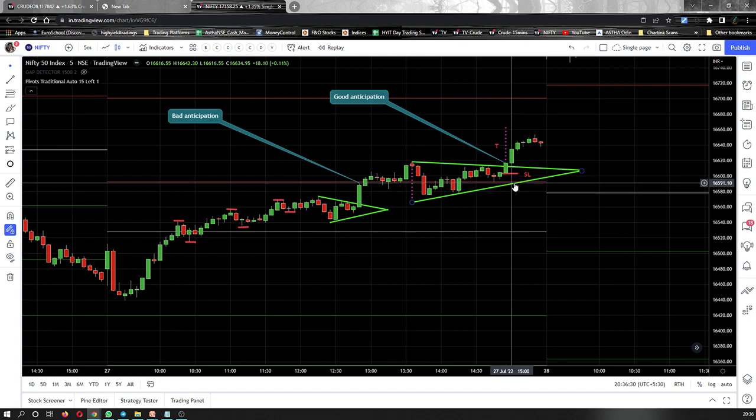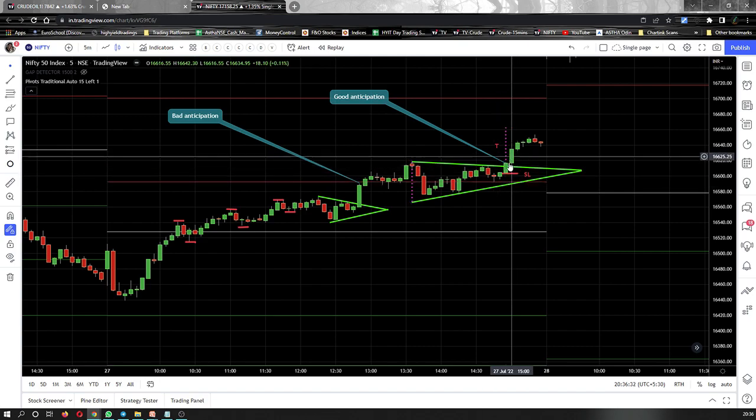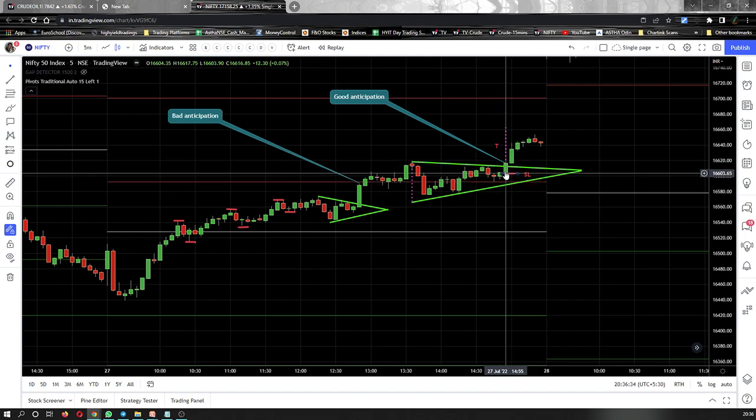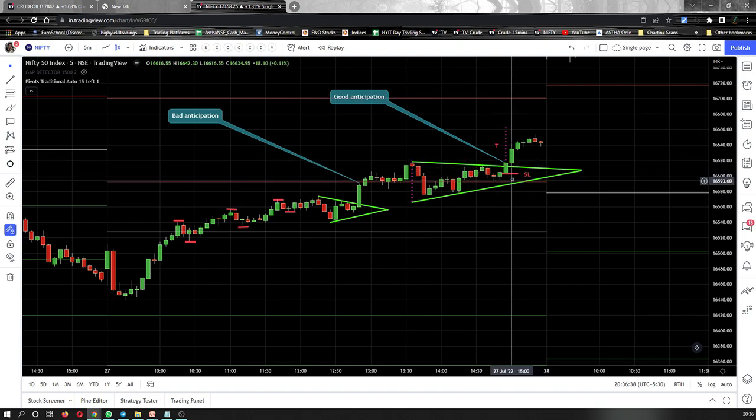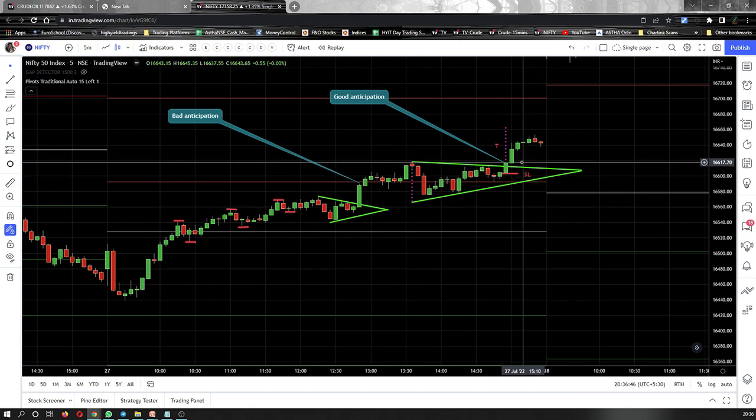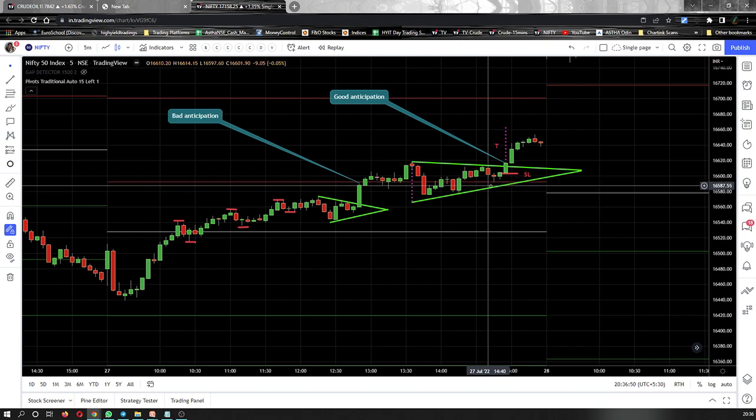The stop loss is absolutely simple. The candlestick that breaks the upper trend line, place your stop loss just below that particular candlestick. That is stop loss number one. That is one way of placing the stop loss. If you want to give it a bit more space, then place the stop loss below the recent swing low. So this is the swing low, right?